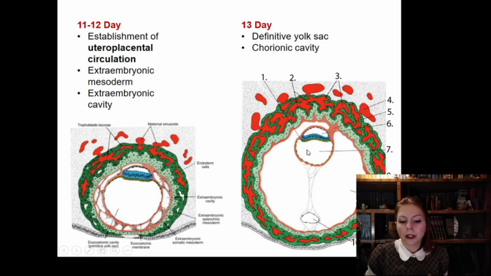Then the secondary or definitive yolk sac is formed by pinching off the exocoelomic cavity. This is the remnant of the primary yolk sac. So the primary yolk sac is now split into two, the definitive yolk sac and the exocoelomic cavity.